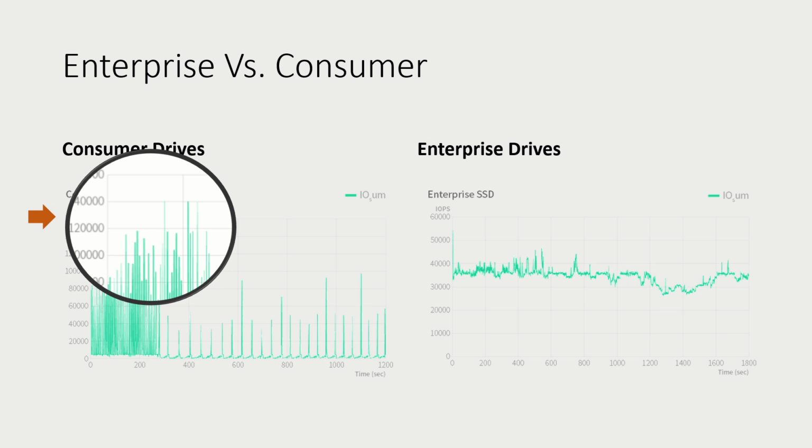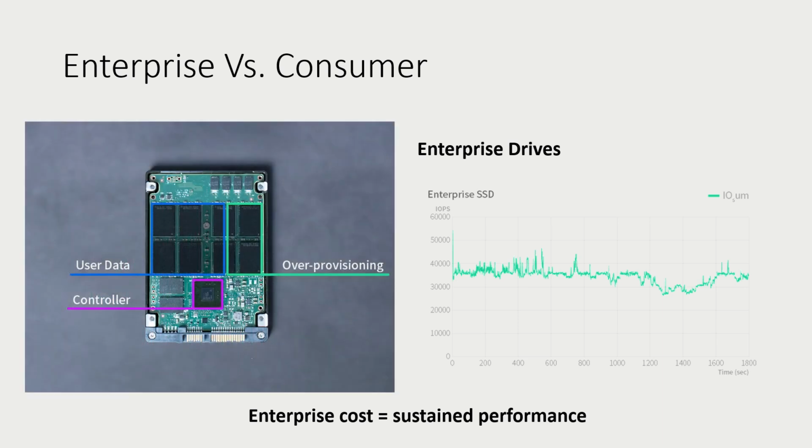It's actually not so much the maximum IOPS, but how long the announced IOPS can be sustained over time, and that's where enterprise SSDs really make the difference. They're sustained over long periods of time. That is what you're paying for. How is this achieved? Often with aspects such as over provisioning.